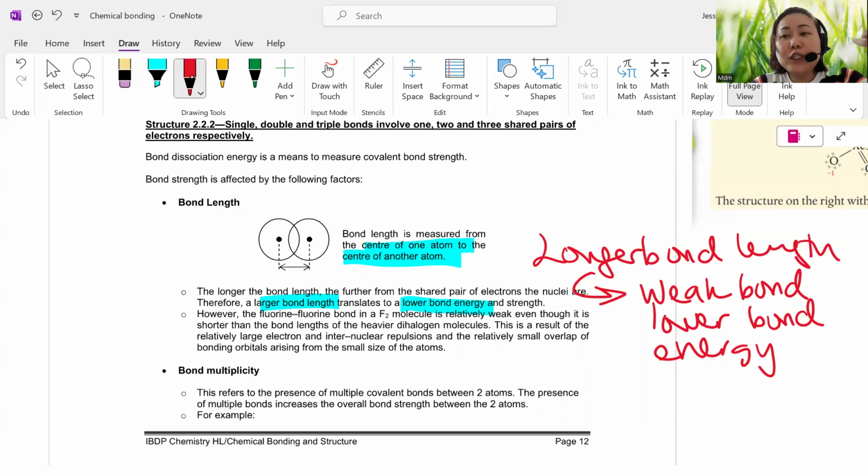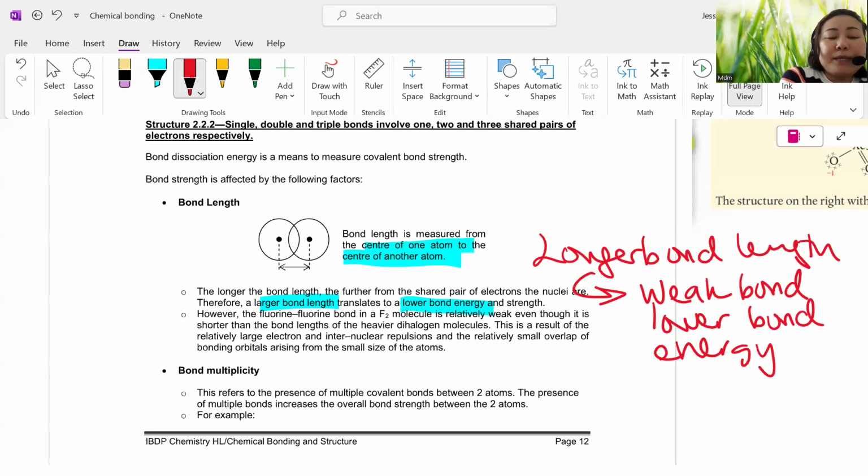Of course, fluorine shows that it is a little bit different. For fluorine, the bond length is relatively short, but the bond energy is also quite weak. But that is because in fluorine, because of its size, there's a significant amount of internuclear repulsion. Okay, but if we follow the general trend, we will see that when you have a larger or longer bond length, it translates to a lower bond energy.